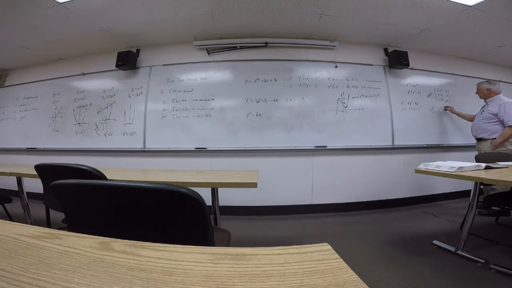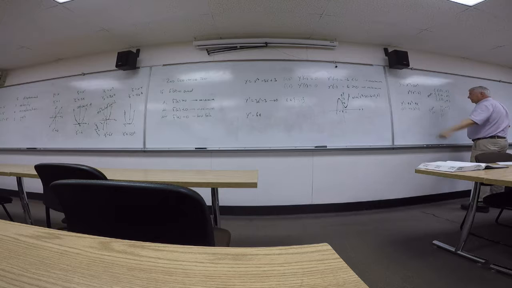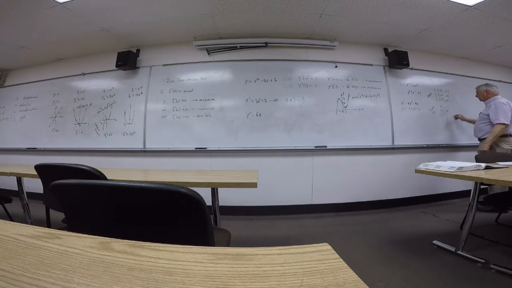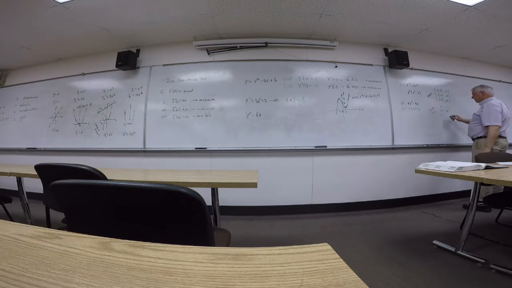Let's see. Negative 1, 0, positive 1. And at negative 1, the original function is 1 minus 2, negative 1. At 0, it is 0. And at positive 1, it is negative 1.